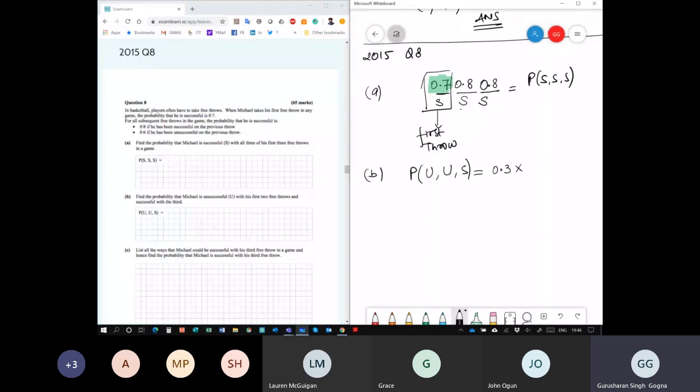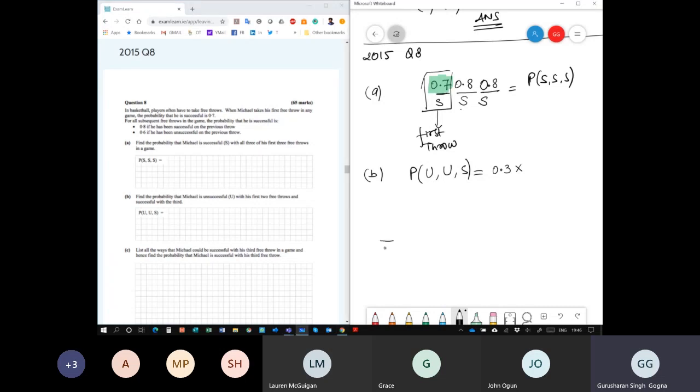So it's given there in the question. The probability that he is successful is 0.6 if he has been unsuccessful on the previous throw. But 0.6 is the probability of success in the second throw.